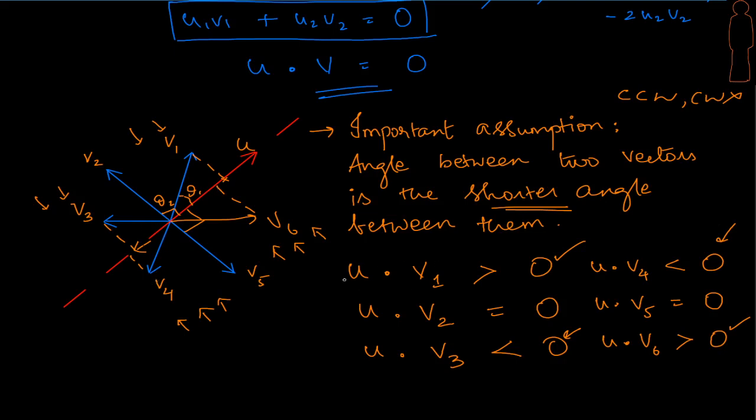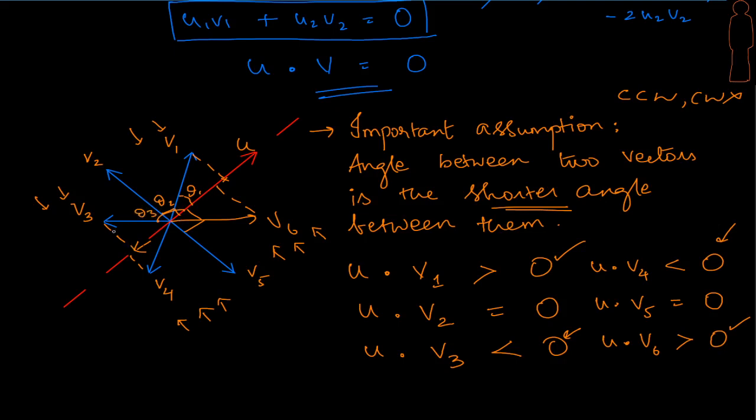Now, how am I saying that u dot v3, the dot product, is going to become less than 0, right? Okay, let's ask what is the shadow here. So let's say that this is actually v4 cos theta 4, or in this case, when we drop this here, the angle between this is, let's say, theta 3, right? So let's mark this as theta 3.